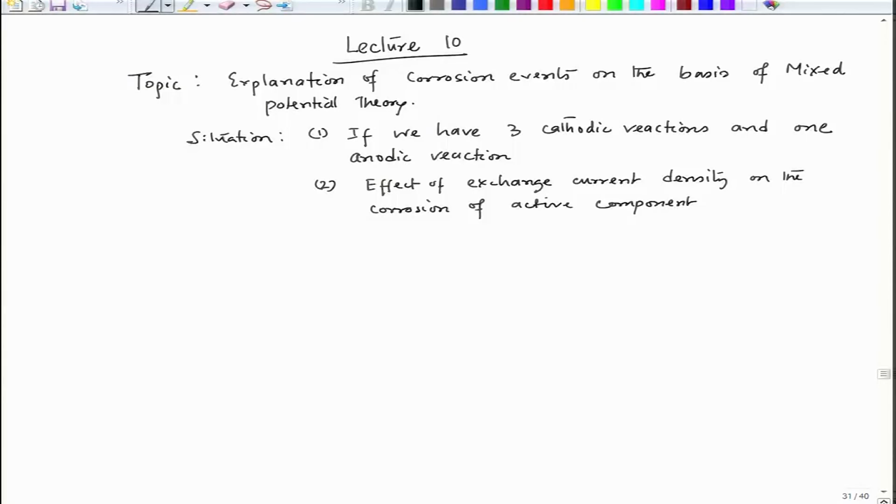So, first let us see the situation 1 that we have considered here. Let us say a situation where we have zinc dissolution in aerated, impure HCl solution, and the impurity is nothing but Fe+3 ion, in ambient condition.